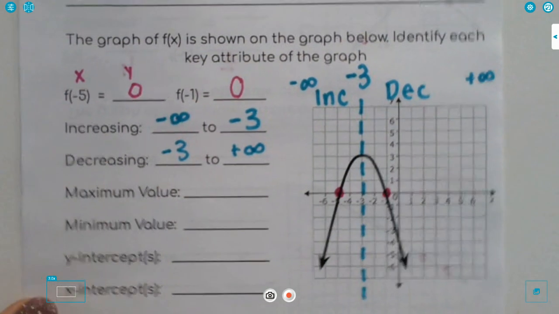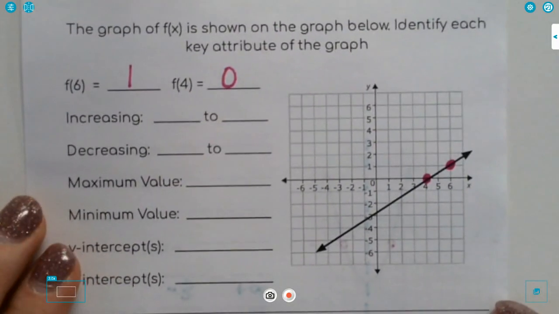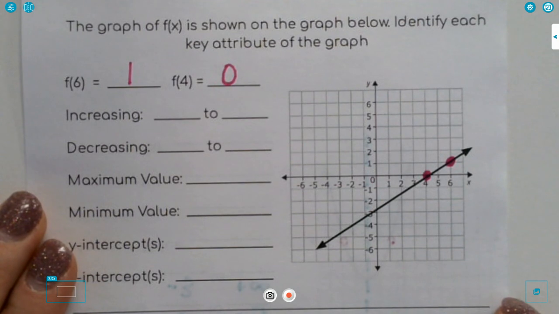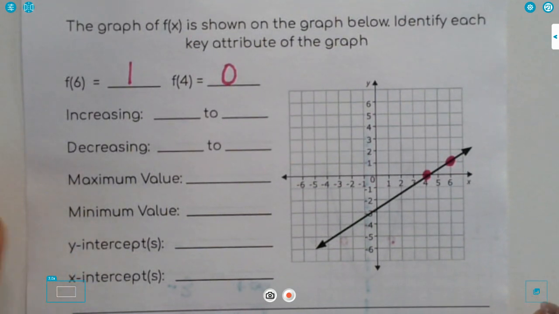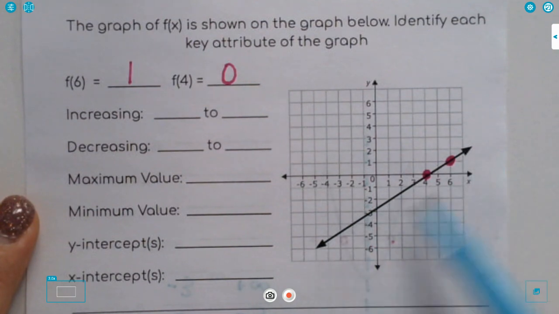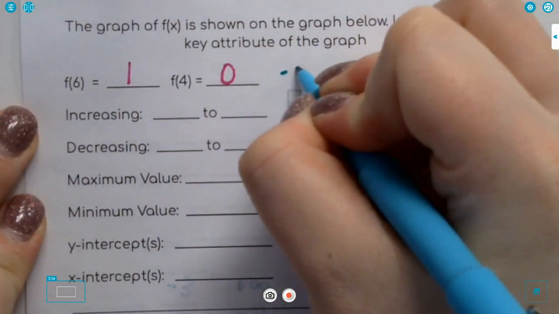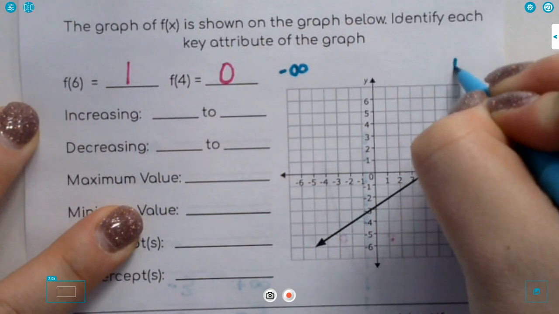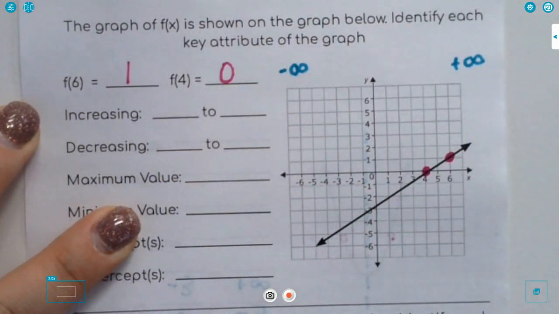Let's flip this over. Let's look at our next example. This is a graph that is only increasing. As we read from left to right, it is increasing the entire time. So this is still negative infinity on the left. This is still positive infinity on the right.